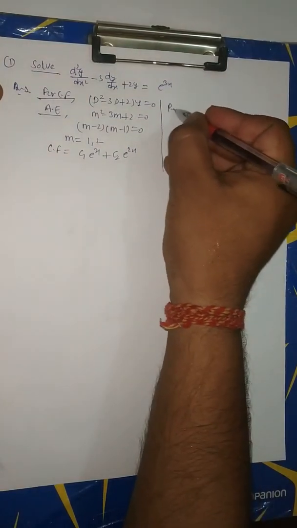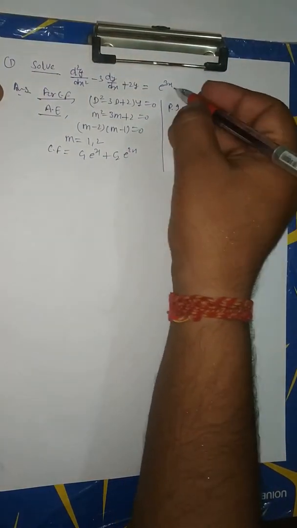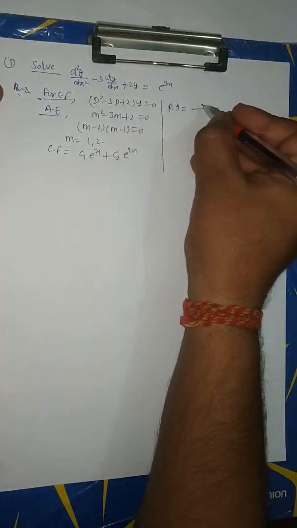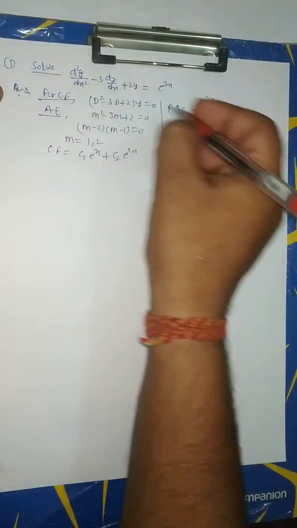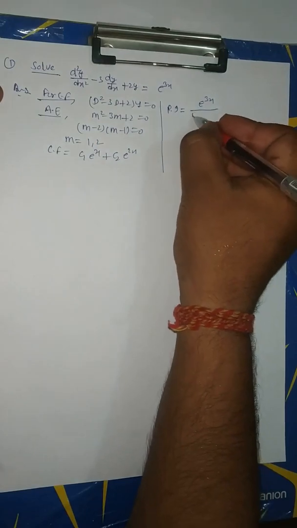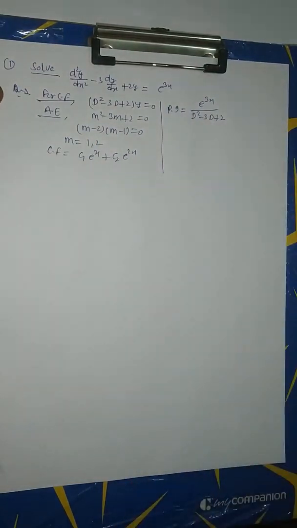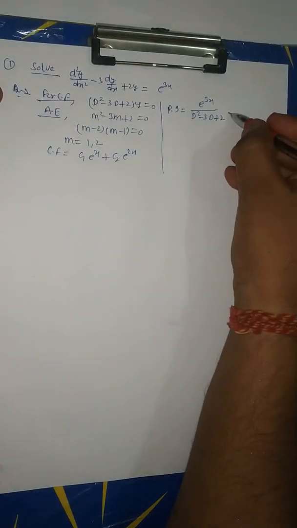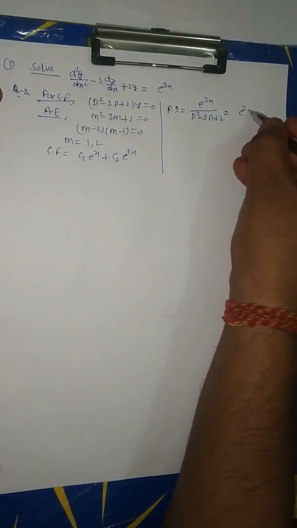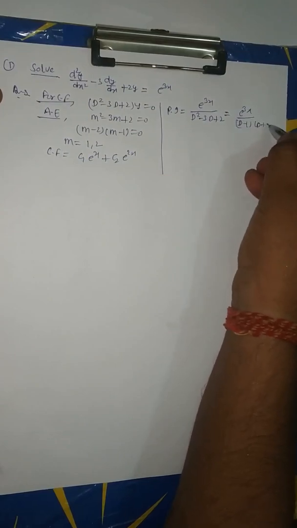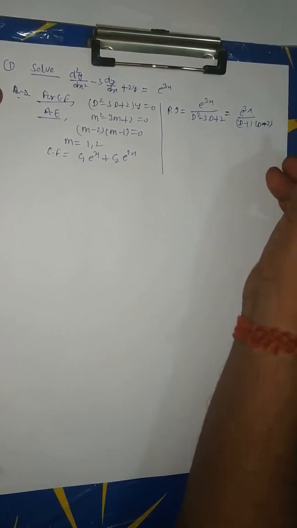Now the remaining part, that is the particular integral, can be written as e to the power 3x upon D square minus 3D plus 2. We simplify this: e to the power 3x upon (D minus 1)(D minus 2).